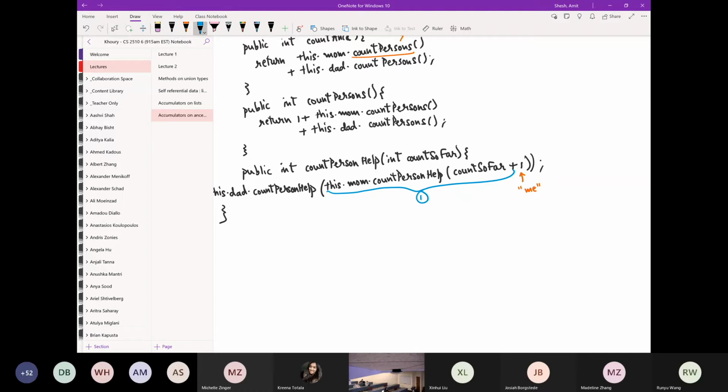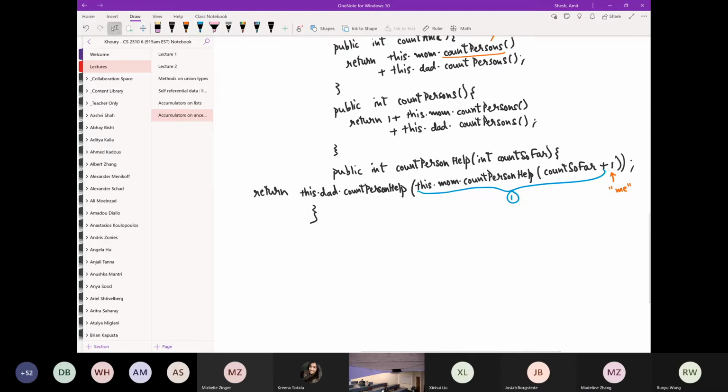And so that is the number I would like my dad to start counting from. And that's why that is the accumulator that I give to my dad. And so this ends up being step 2. Okay? Questions?